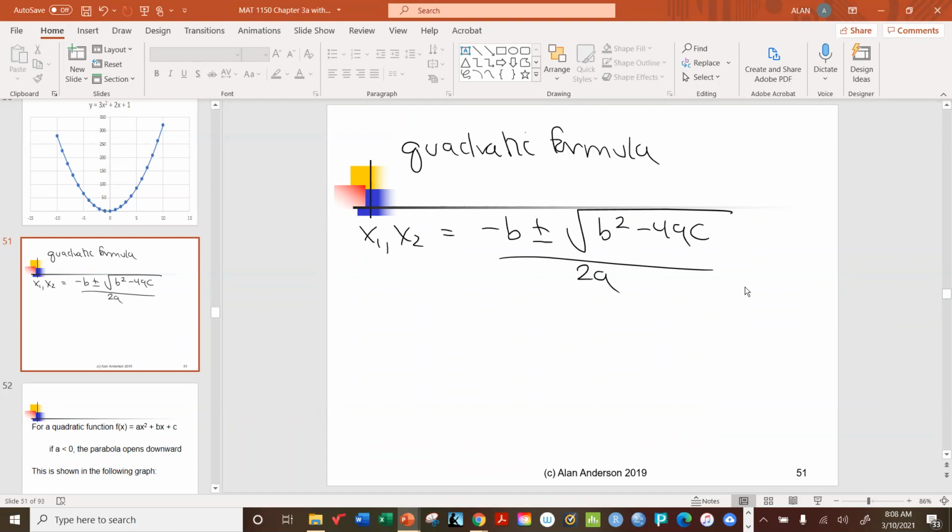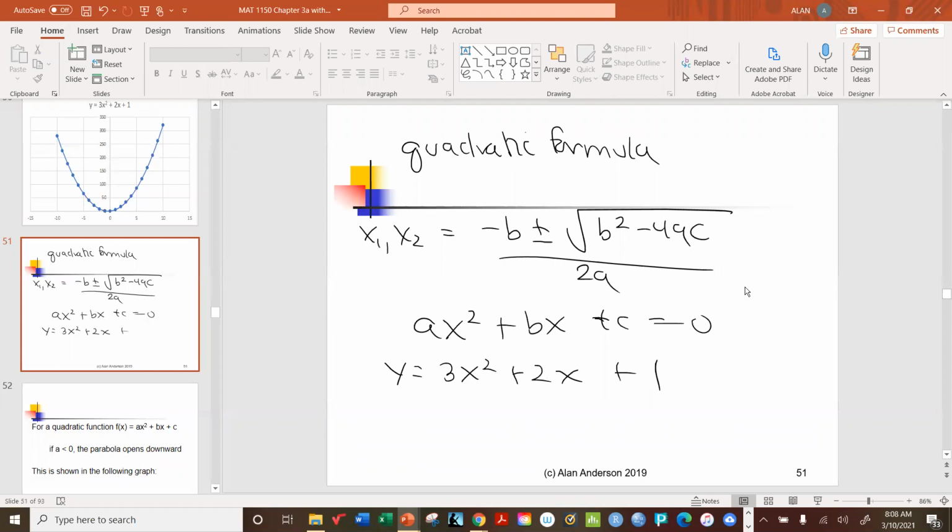And now where do these letters come from? That comes from the formula. Now here, assume that we're setting this equal to 0, because that's where the roots should be. And so in our case, since the function is y equals 3x squared plus 2x plus 1, that means that a is 3, b is 2, and c is 1.